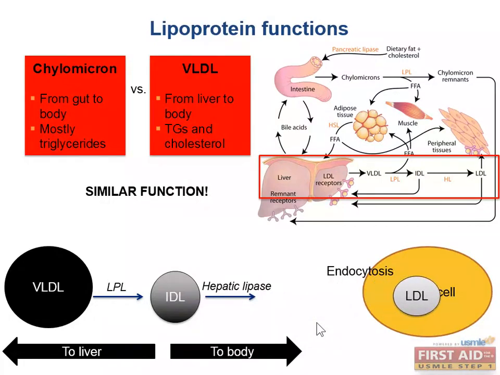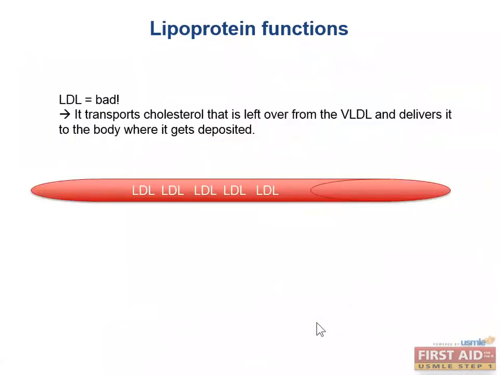LDL has a vital function in the body because it transports cholesterol from the liver to the rest of the body. However, LDL is sometimes thought of as bad or lousy lipoprotein. In large arteries, LDL can get oxidized and trapped in the vessel intima.